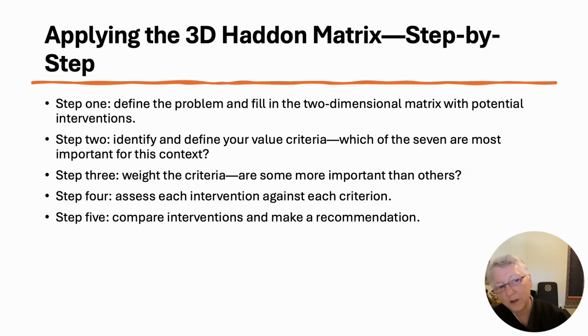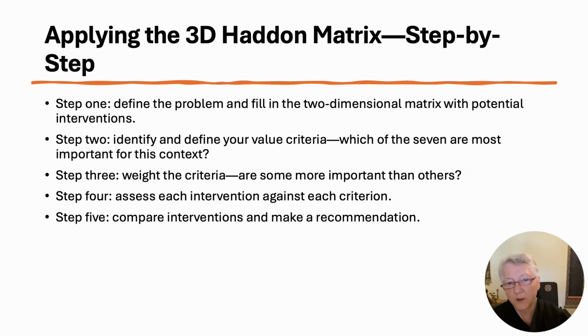Step two is to identify and define your value criteria, which of the 7 are the most important in this context. You may not have all of them, but which are most important? And then step 3 is to weigh the criteria. So are some more important than others?